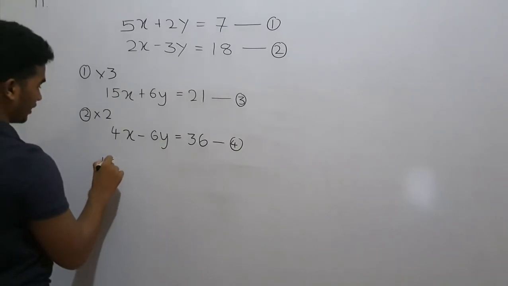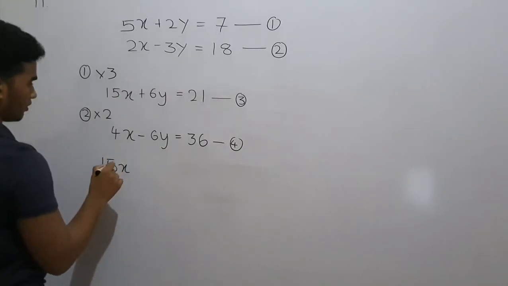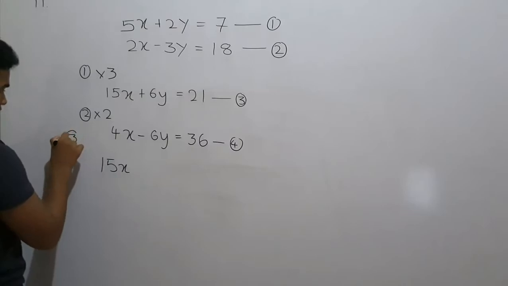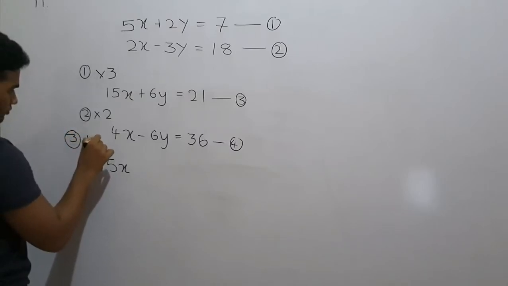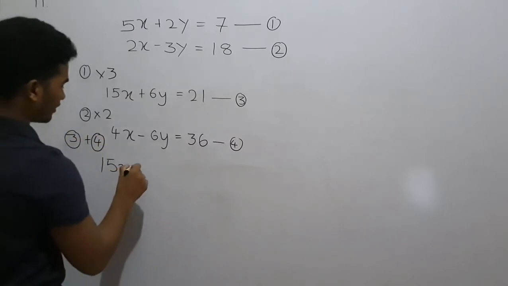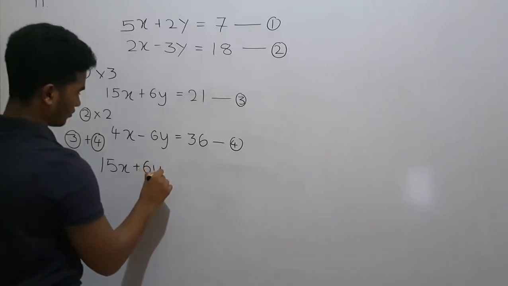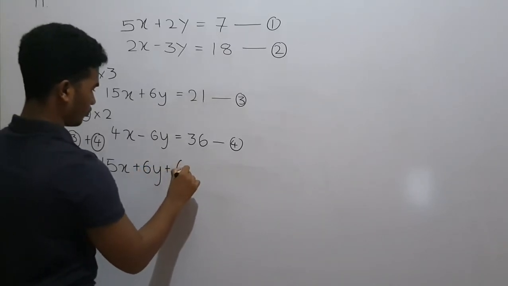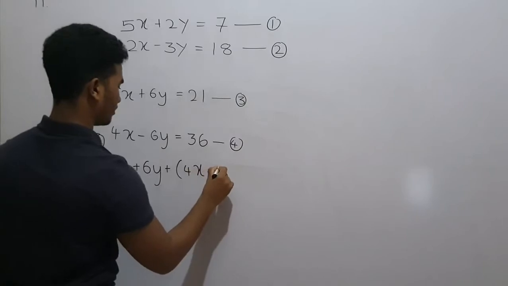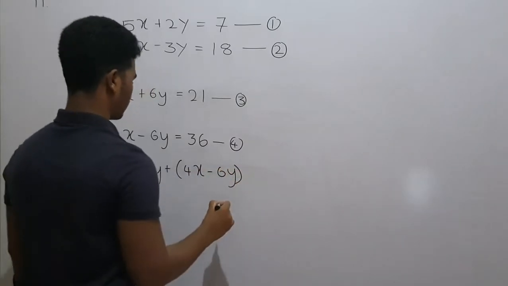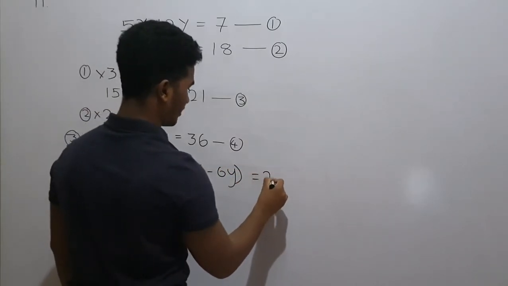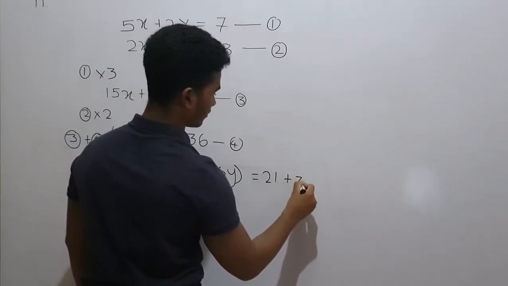So 15x plus 6y plus 4x minus 6y equals 21 plus 36.